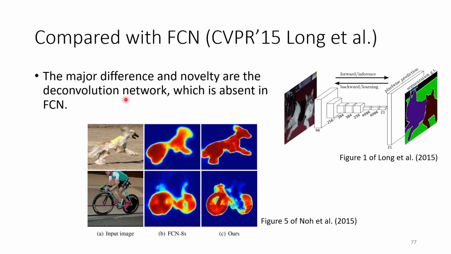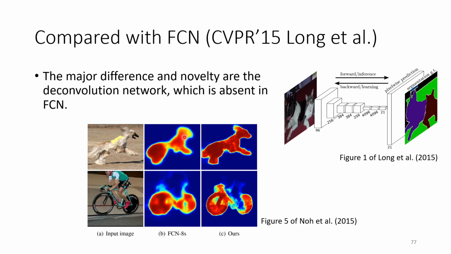And they show this figure in their paper to illustrate the difference. So given the image of a dog, the fully convolutional network will generate the result like this. And the deconvolution network will generate the result like this. So this is better than this, much clearer.